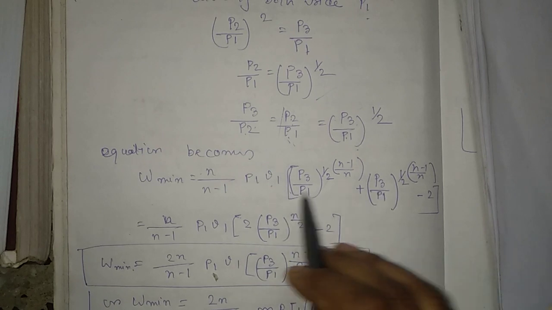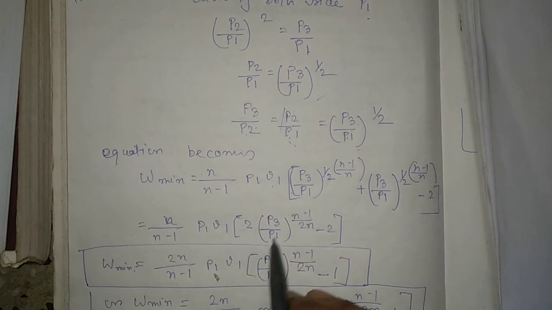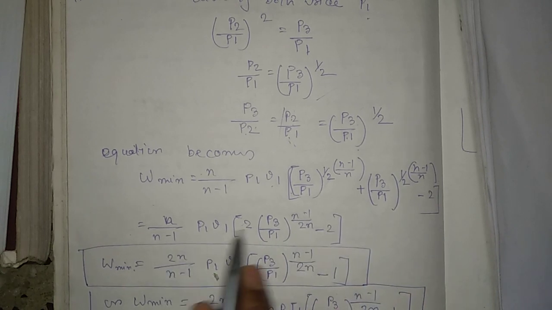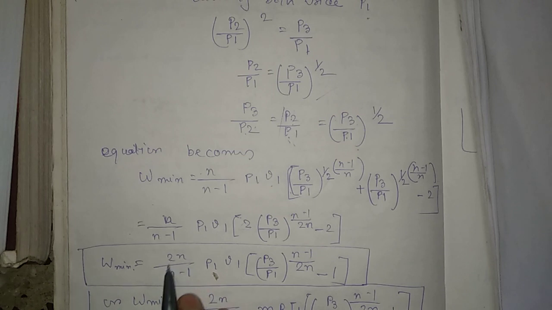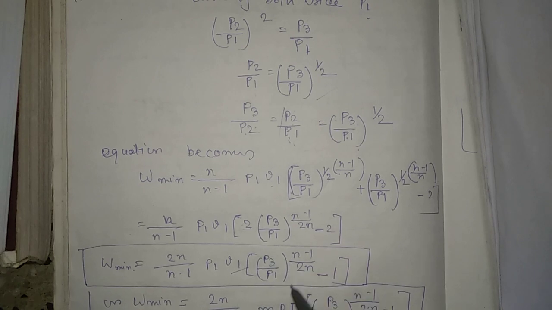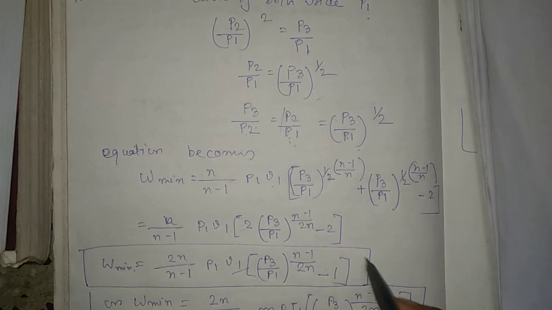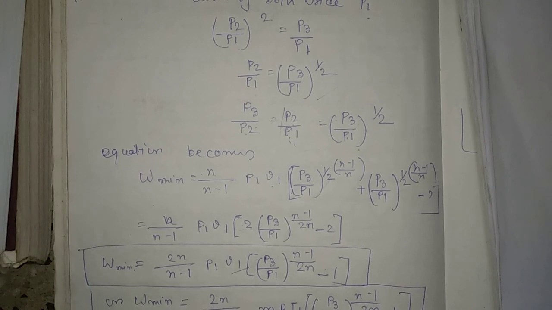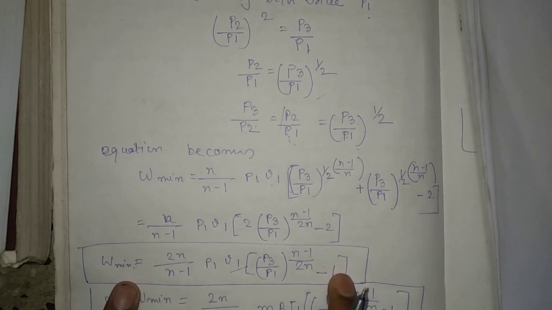These two terms are added up, so that will be 2 into P3 by P1 to the power (n minus 1) by 2n, minus 1. The 2 is common, so it comes out of the expression: 2n divided by n minus 1 into P1 V1, into [(P3 by P1) to the power (n minus 1) by 2n minus 1]. So this is the minimum work required for the two-stage compression process with perfect intercooling.